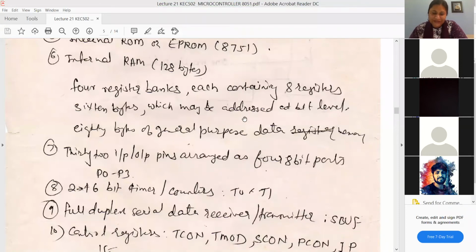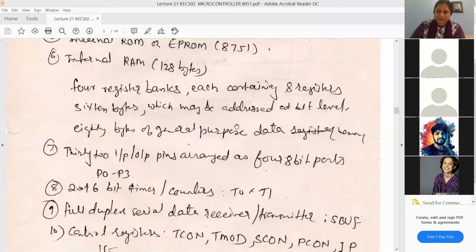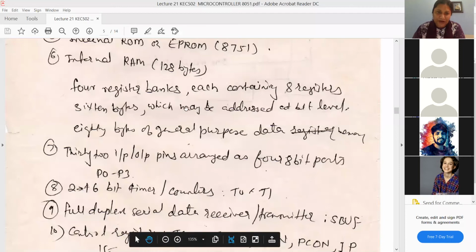So now how much is it? 16 plus 32, 48, plus 80, that is 128. So the 128-byte internal RAM is divided into these parts.